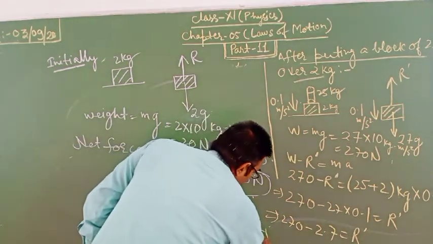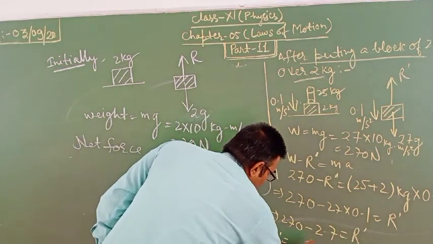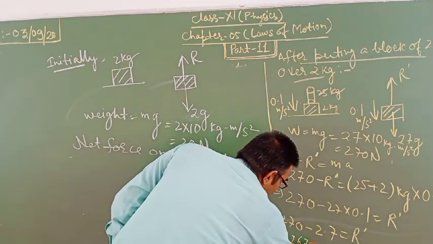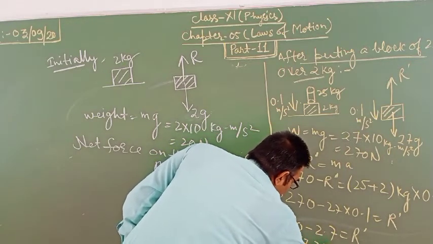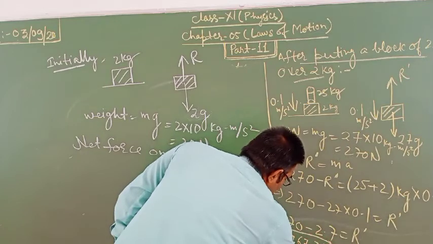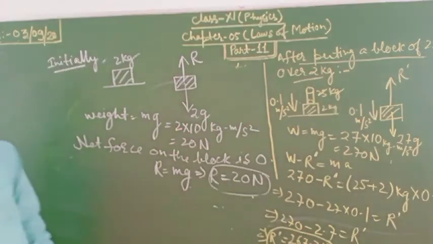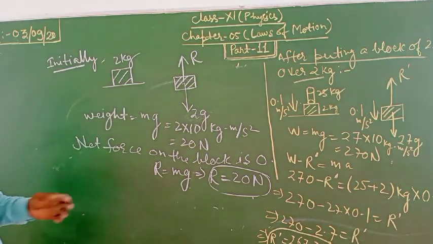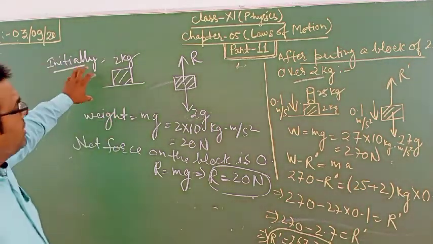So the value of normal reaction R dash is 267.3 Newton.